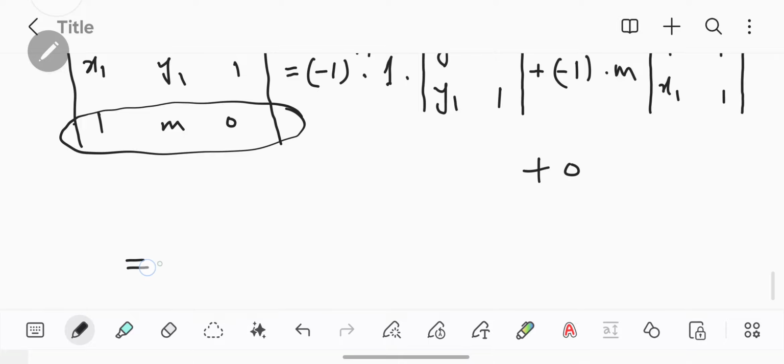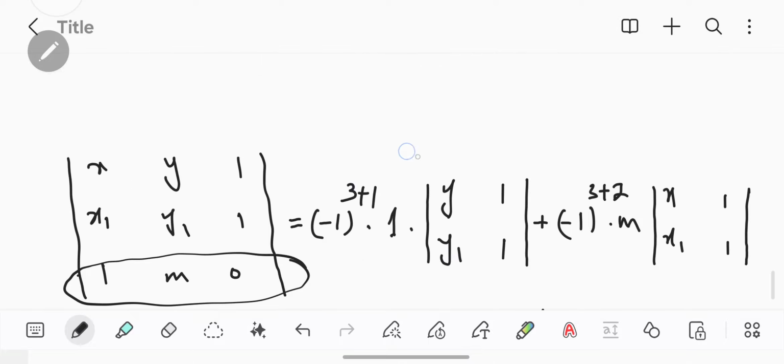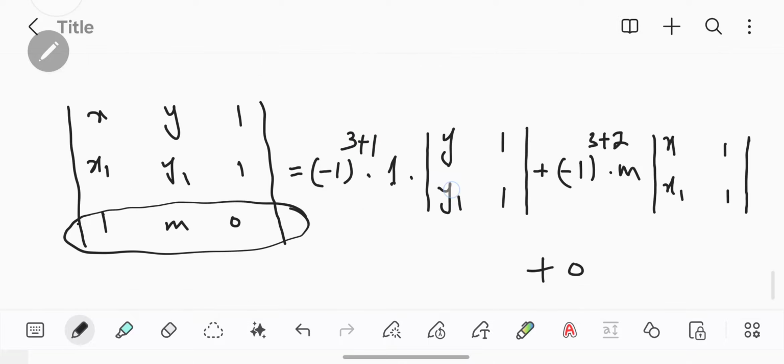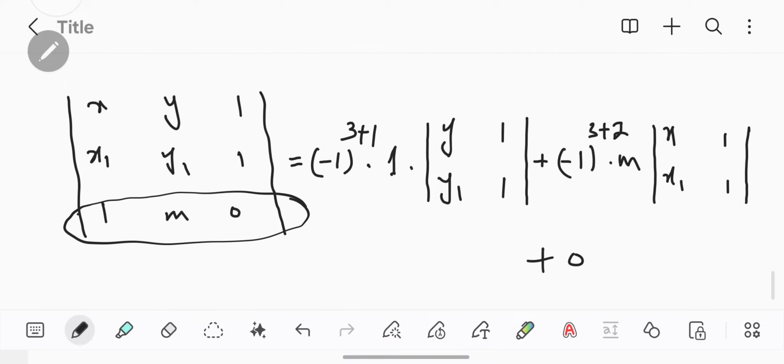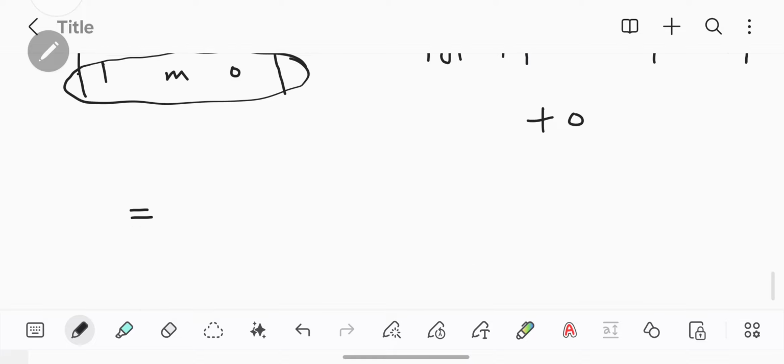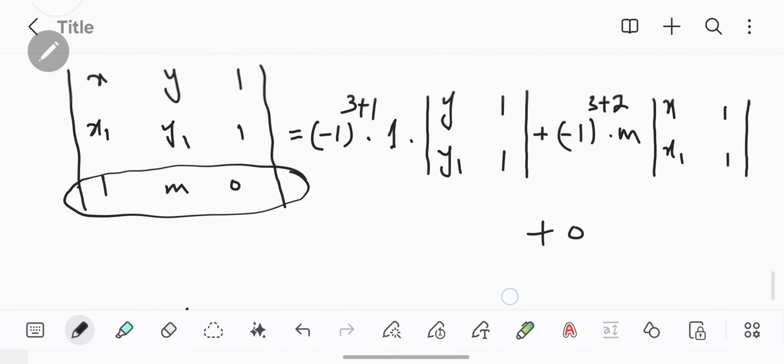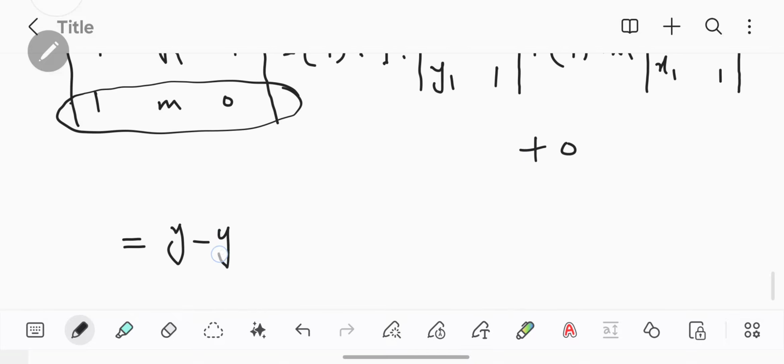Now solve this thing. This is just 1 because minus 1 to the power 4 is 1. So 1 times 1 is 1. Multiply this with this, minus this with this: y times 1 is y, minus y1 times 1 is y1.